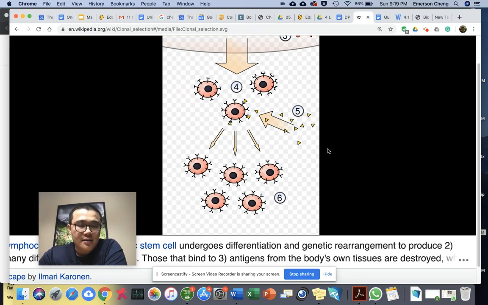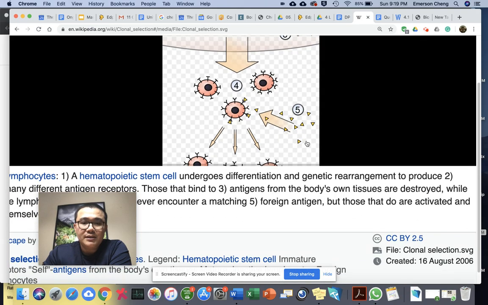Now in this case, number 5, you have a whole bunch of foreign antigens coming in. Out of these 3 virgin B cells, there are of course many more, only this one is compatible or complementary to these new antigens.